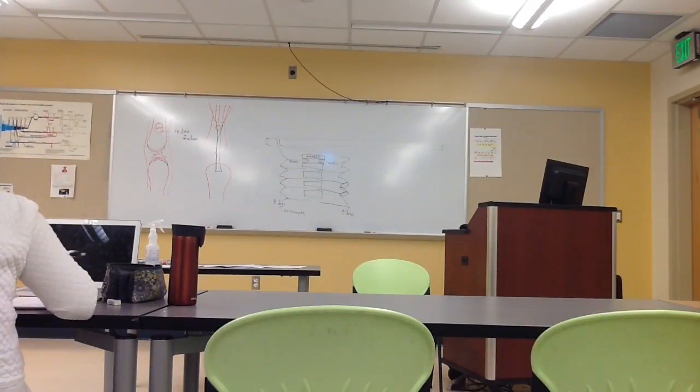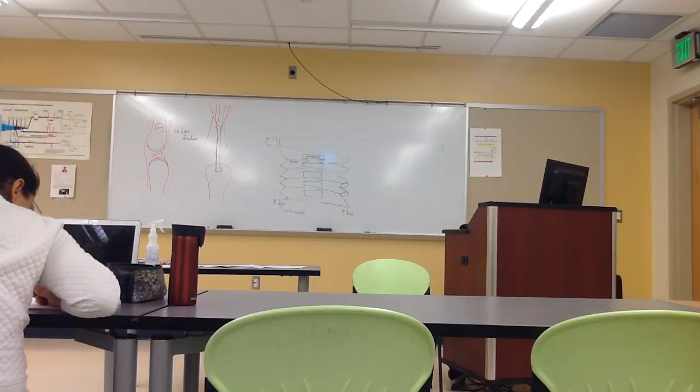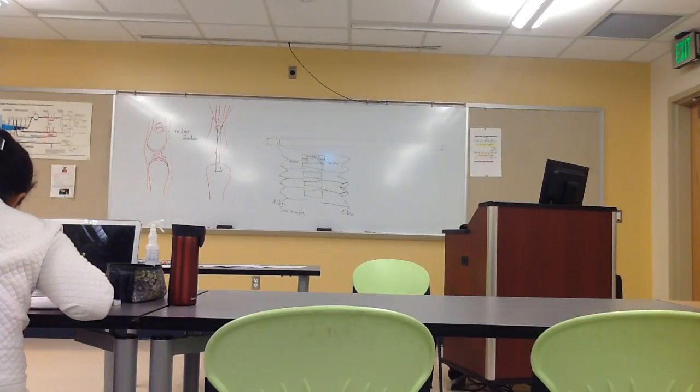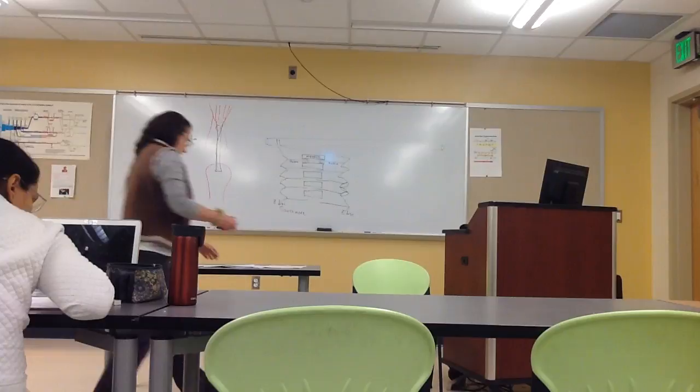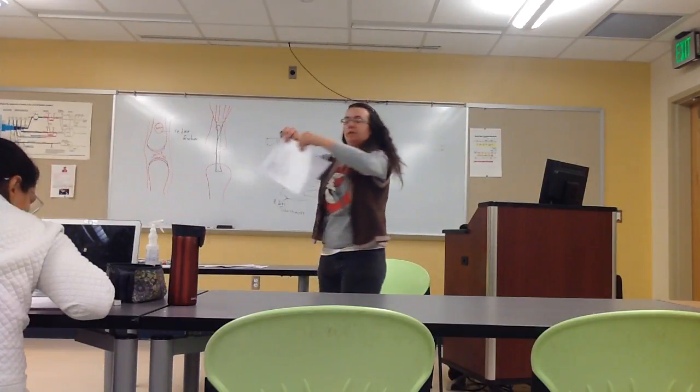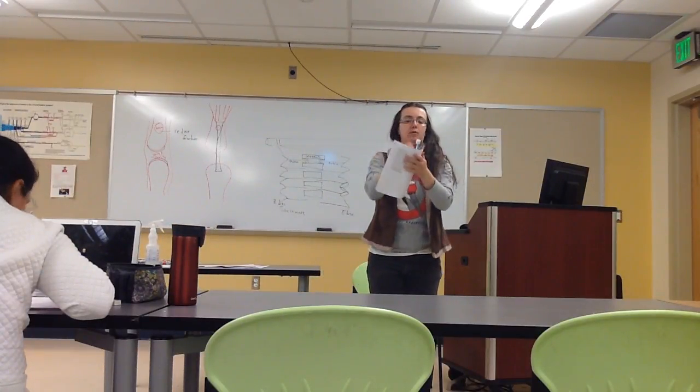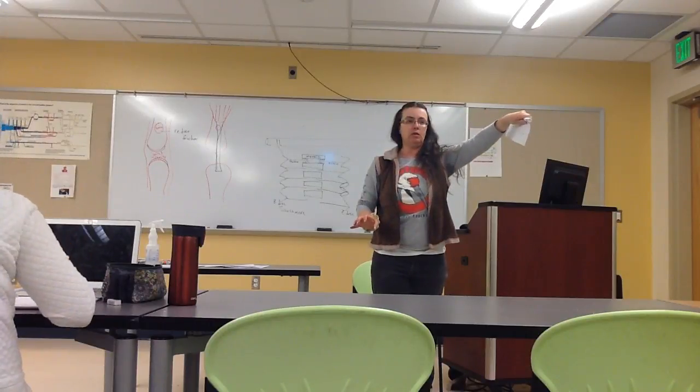Now, all around this, we're going to see sheets of bone going around all of this. Let's say this pen is my bone right here. I could take several sheets of paper, and they would wrap all the way around this bone.